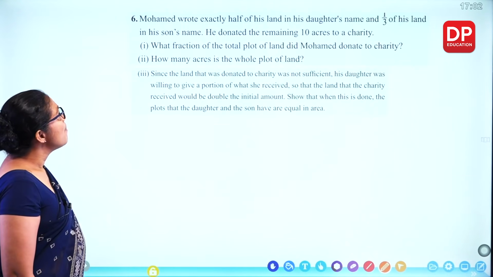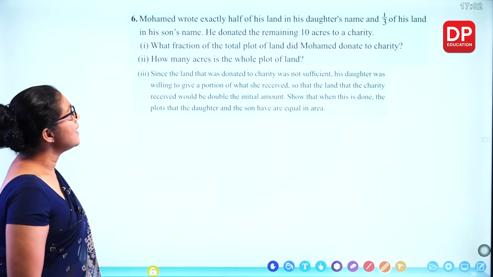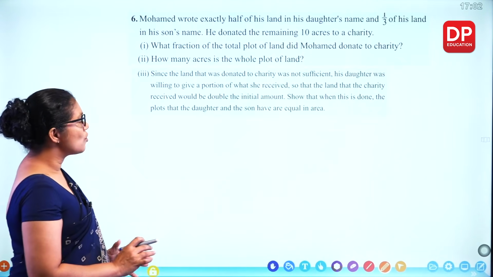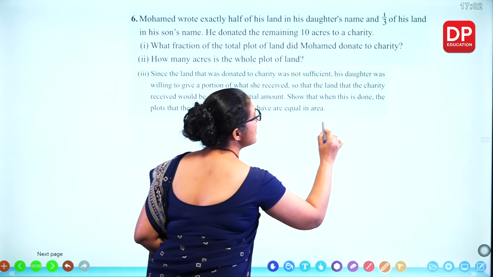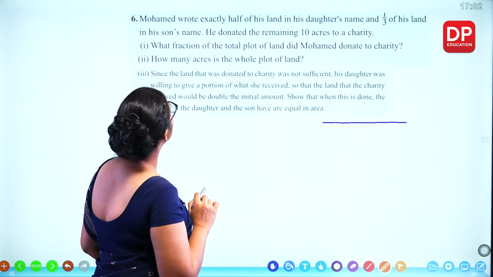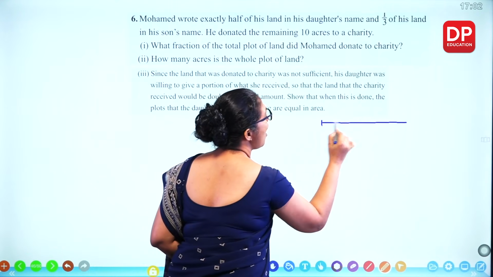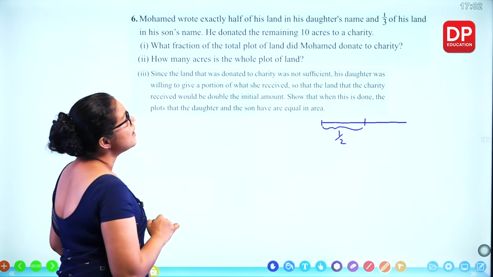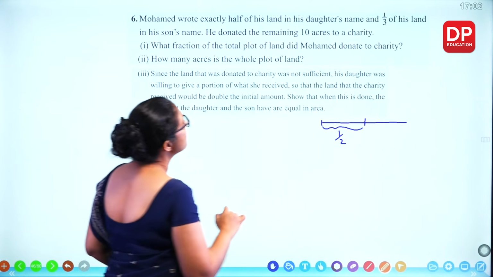It says, Mohammed wrote exactly half of his land in his daughter's name. So if this is the land, half of the land to his daughter.